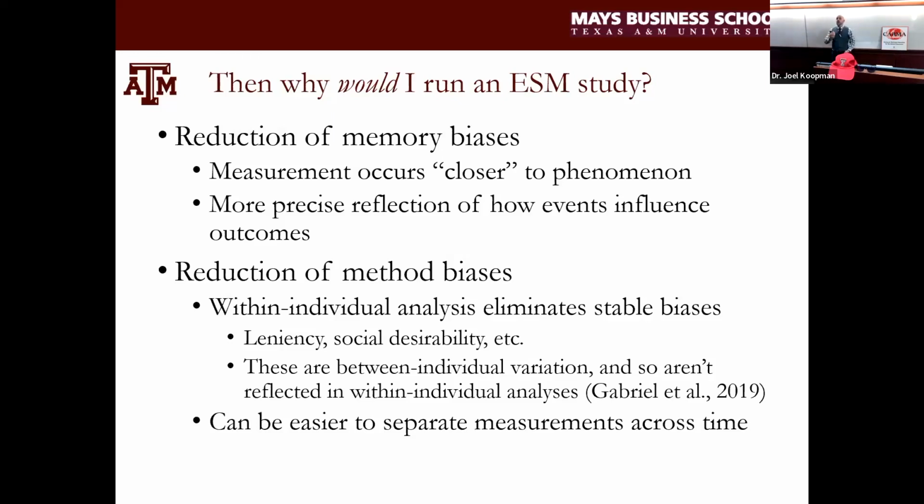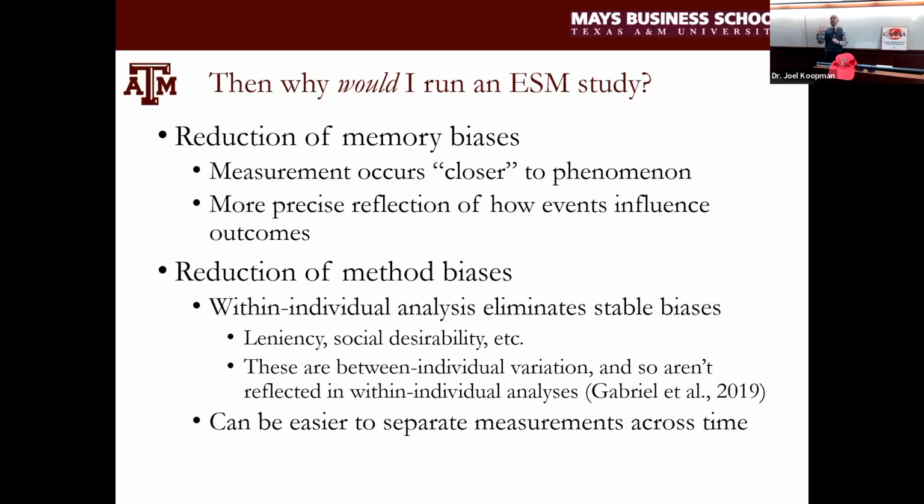You have a reduction of method biases also, which is a really, really good point. By looking at things within individuals, we eliminate stable biases. Often one of the things that we're concerned with from a common method variance standpoint are things like leniency, social desirability, the experiences I've had as a person influence the way that I view the world and all of this. We strip all of that out when we go within individuals.